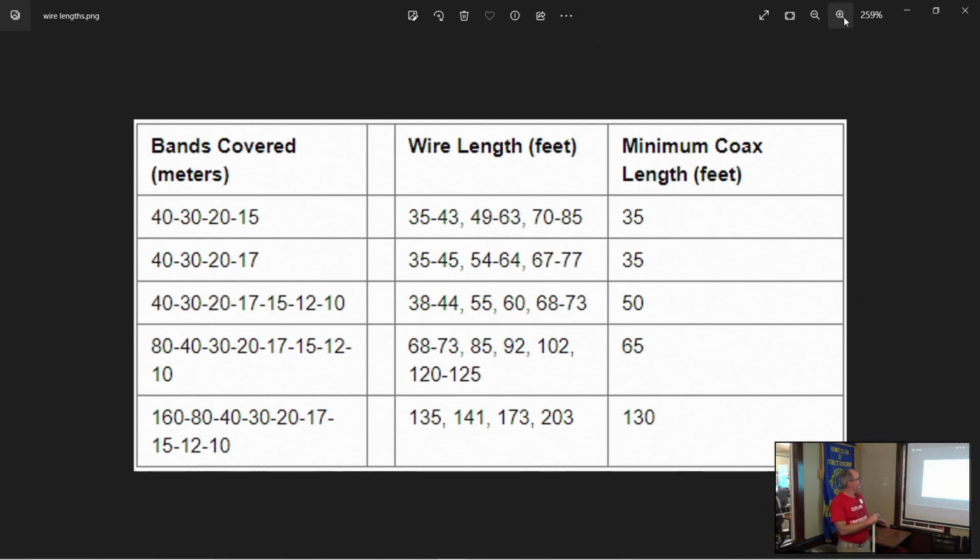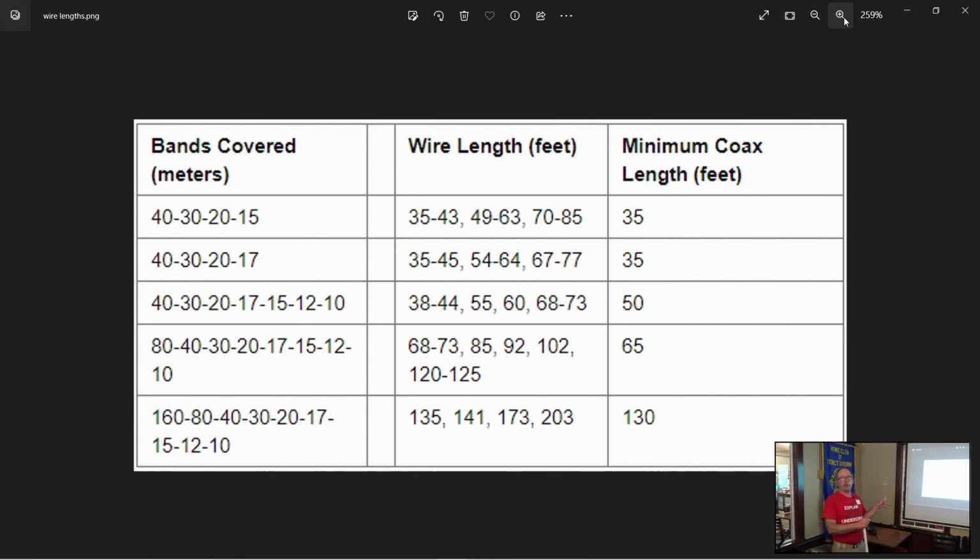So if you want to work a bunch of bands, like 40 through 10 or 80 through 10, 160 through 10, there are only certain lengths you can get away with that meet all that criteria of you're not near a quarter wavelength or a half wavelength or a multiple of on any band.